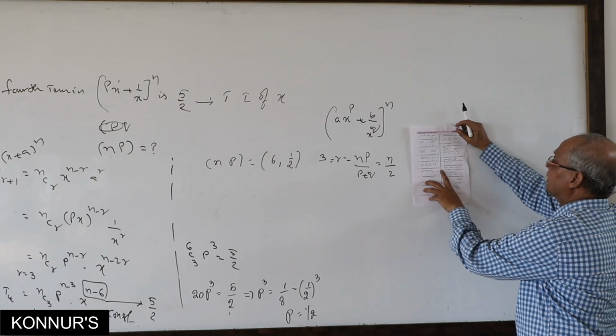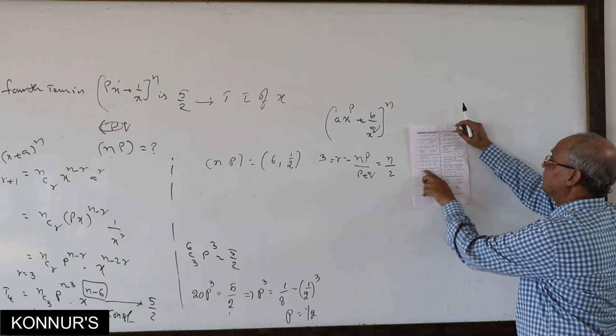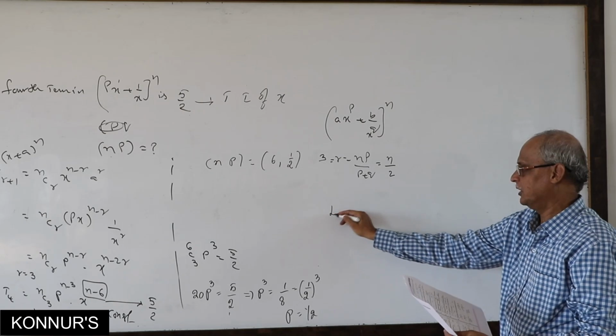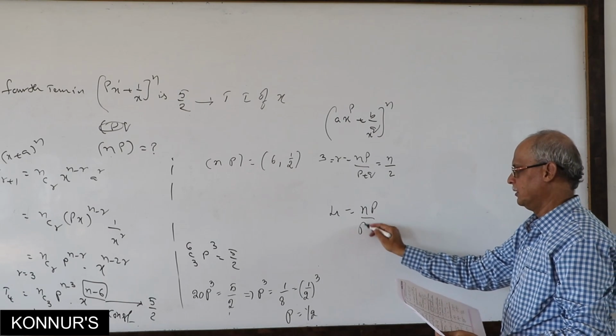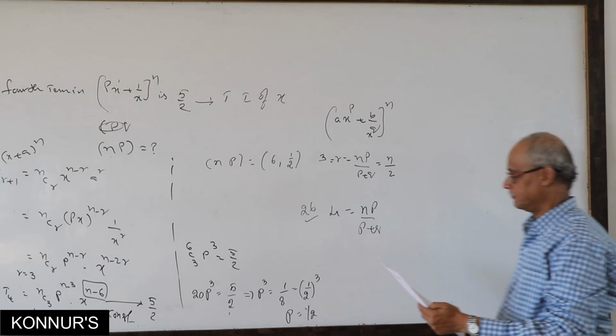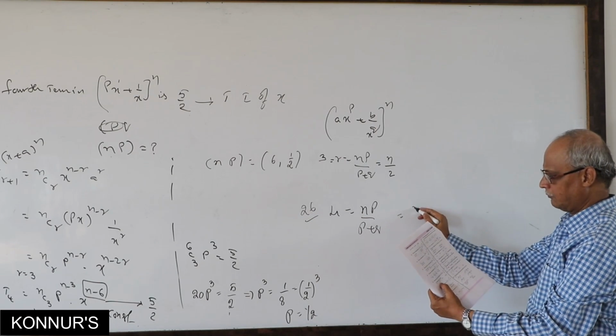Next. Fifth term is independent of x. He is giving fifth term is independent. Fifth term means what is R value? 4 is equal to np by p plus q. This I am doing for 26. Then here n we are finding.